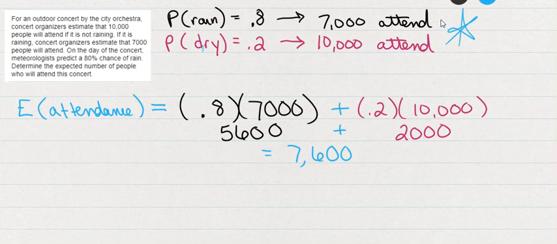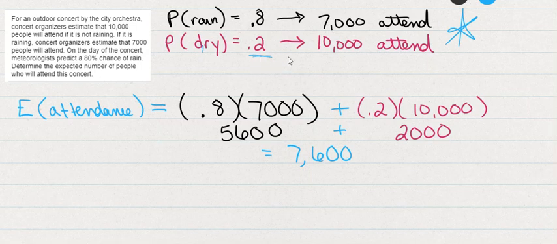So if I do 100 minus that 80%, there must be a 20% chance of it not raining because those probabilities have to add up to a perfect one. 0.8 plus 0.2 adds up to 1.0 or 100%.